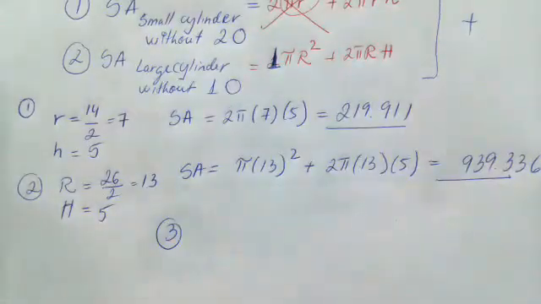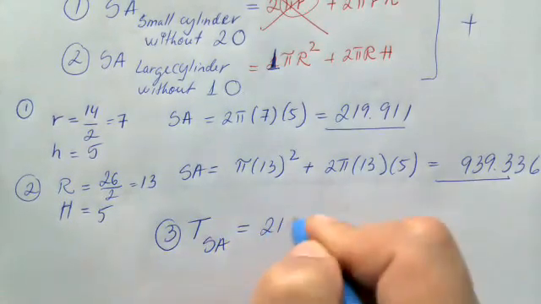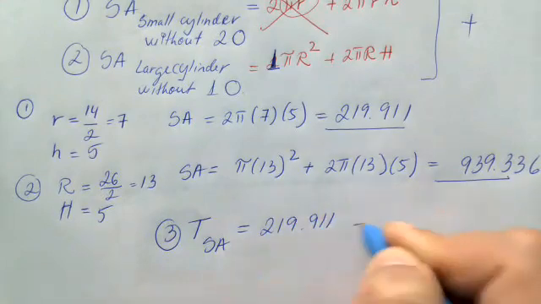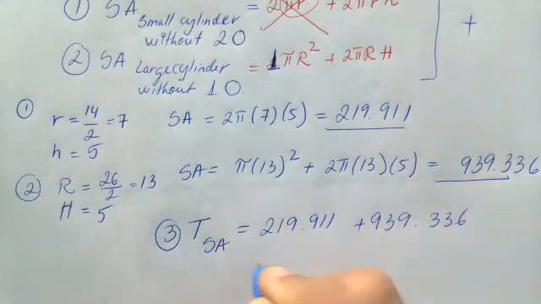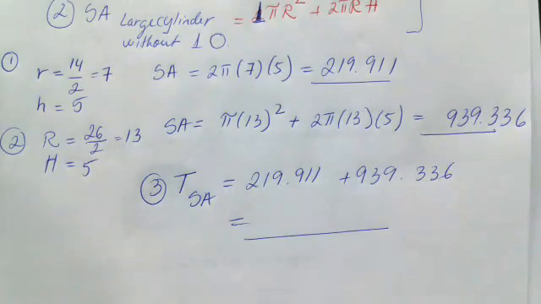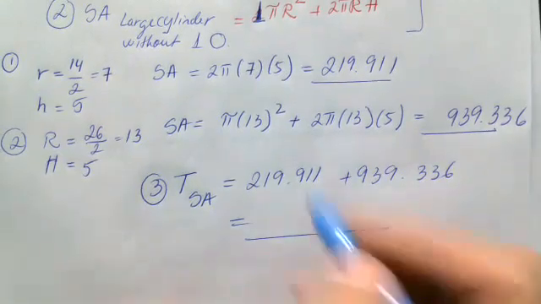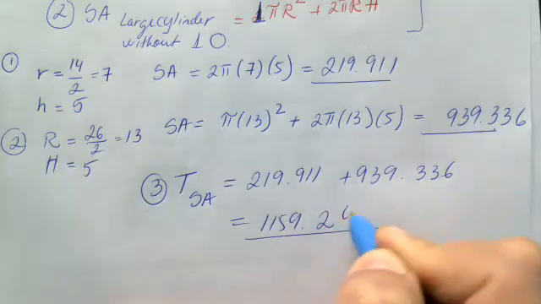Step 3, total surface area. 219.911 plus 939.336. Can we get 1,159.27?